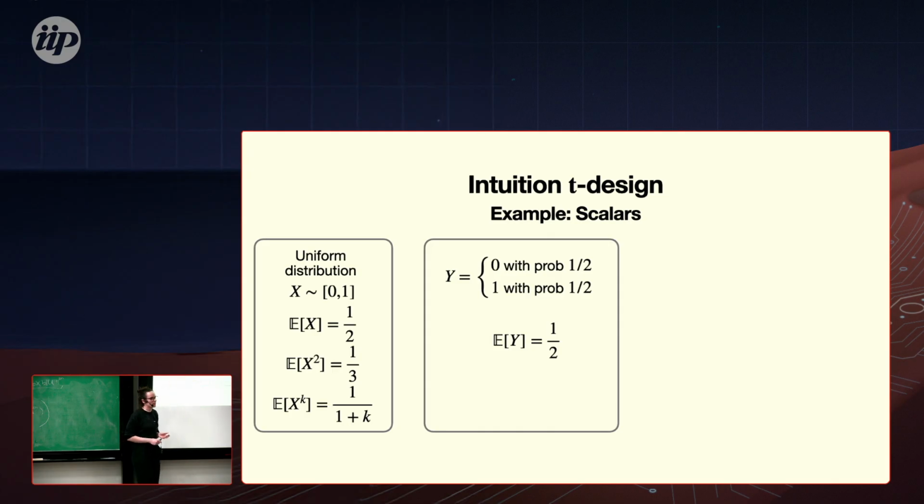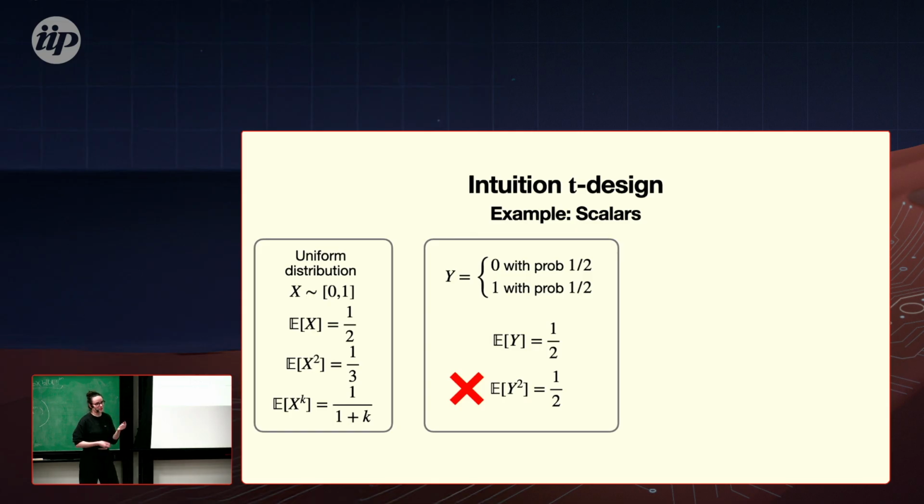Okay. What's the second moment? 1/2 as well. Very good. So we see that the first moment they match, but in the second moment they're not the same anymore. Meaning that this is actually a 1 design when we compare to the uniform distribution.